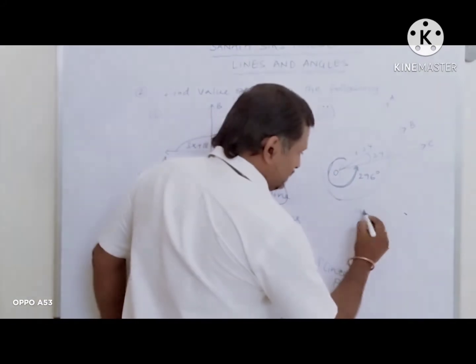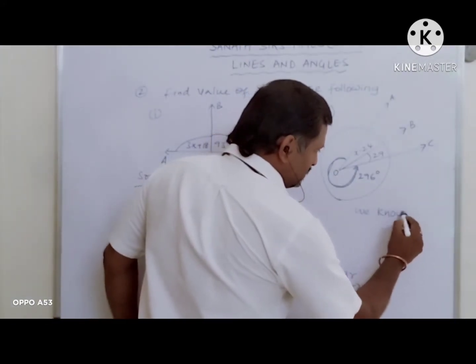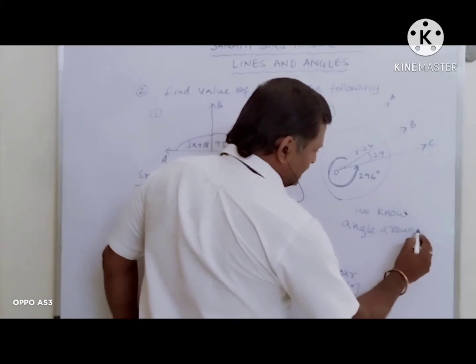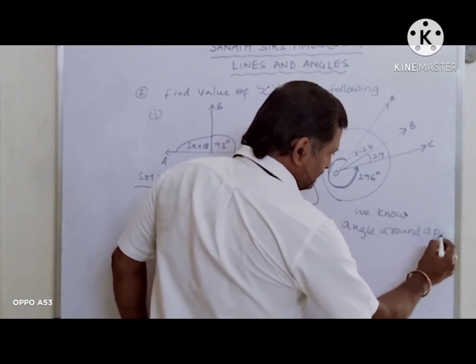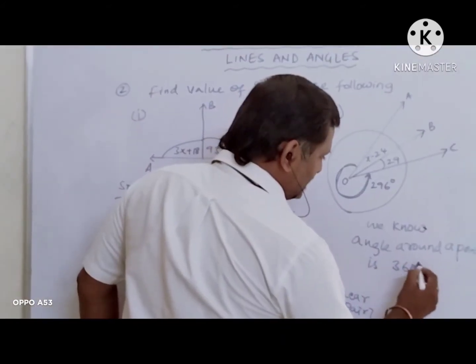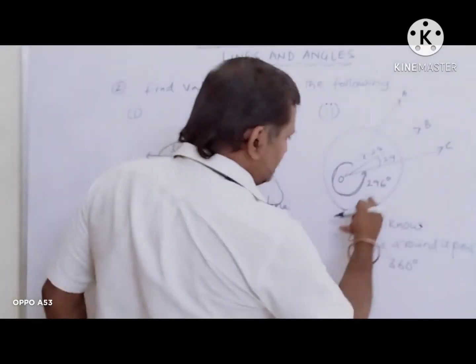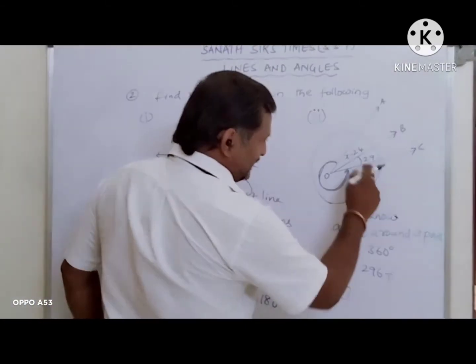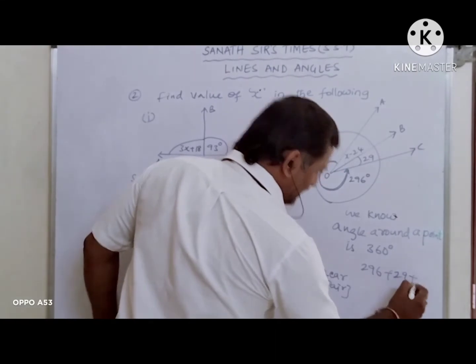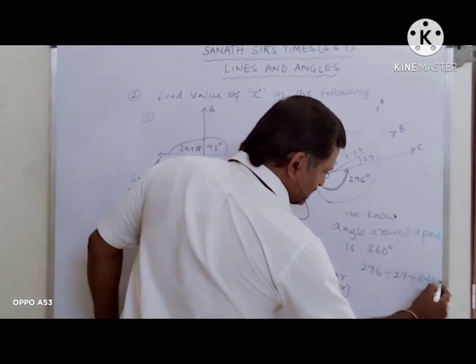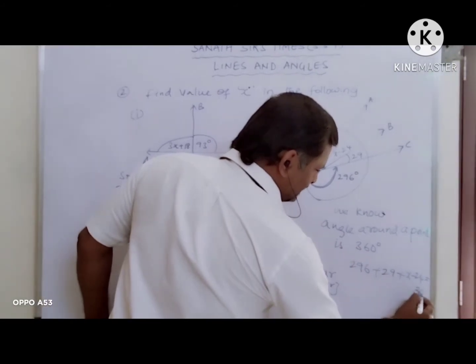So we know the angle around a point is 360 degrees. So already this is 296, very good, plus 29 plus x minus 24, this must be equal to what? 360 degrees.